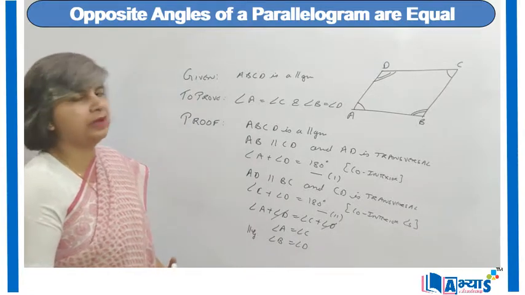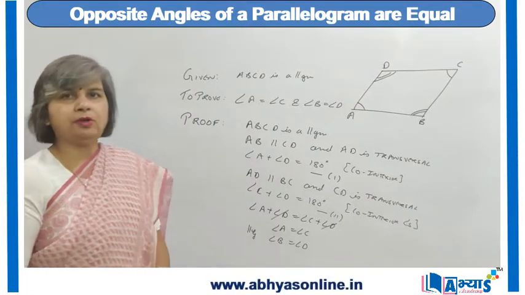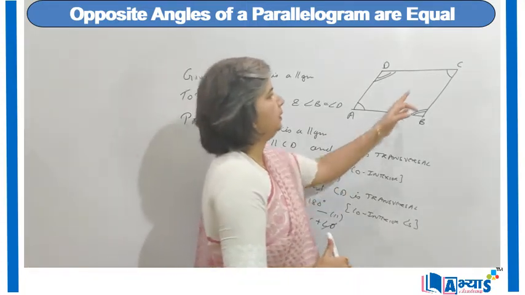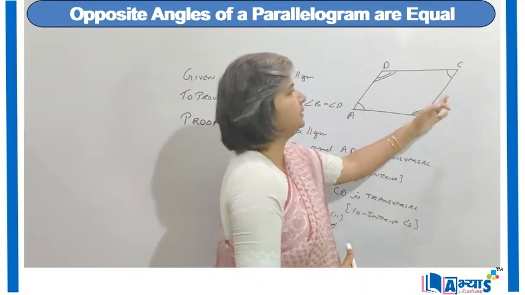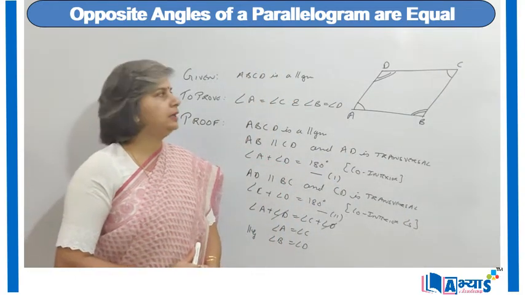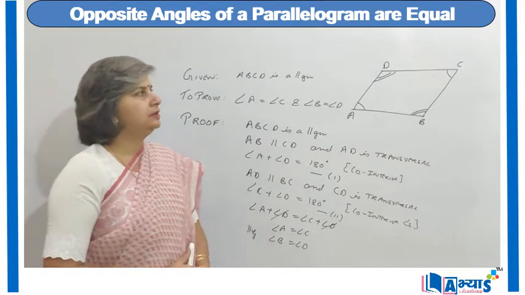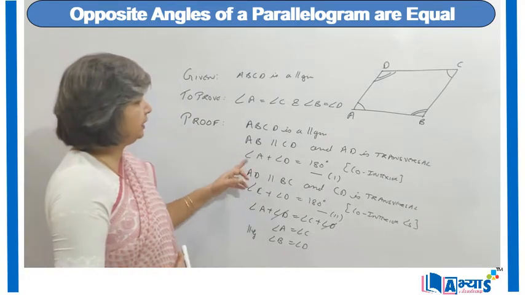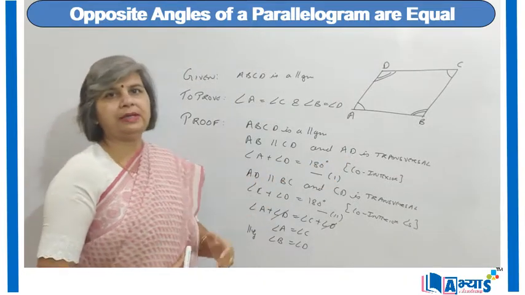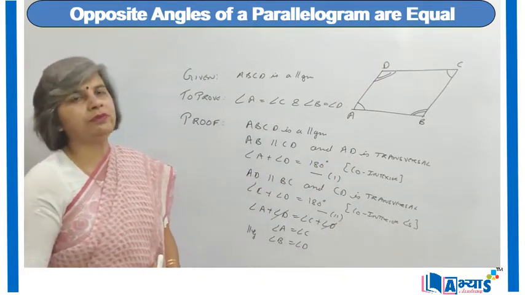Because when we have a parallelogram ABCD, we know that if AD is parallel to BC and CD is the transversal, then angle C plus angle D, because they are co-interior angles, their sum will be equal to 180 degrees. Similarly, when AB is parallel to CD and AD is the transversal, angle A plus angle D is also equal to 180 degrees.